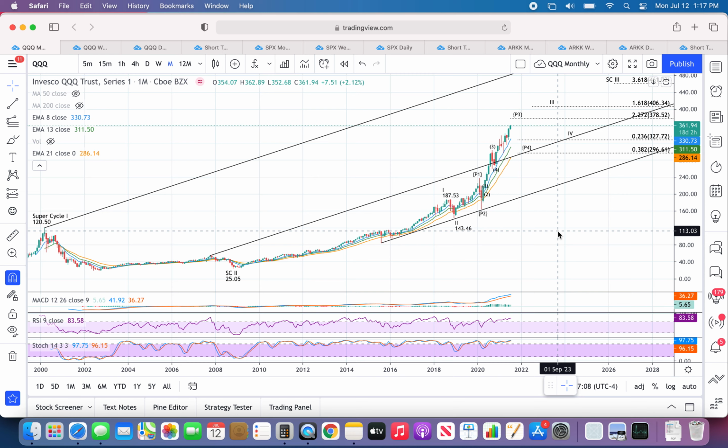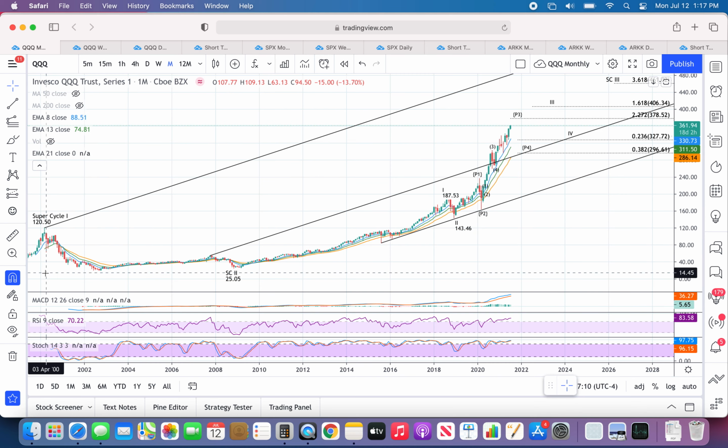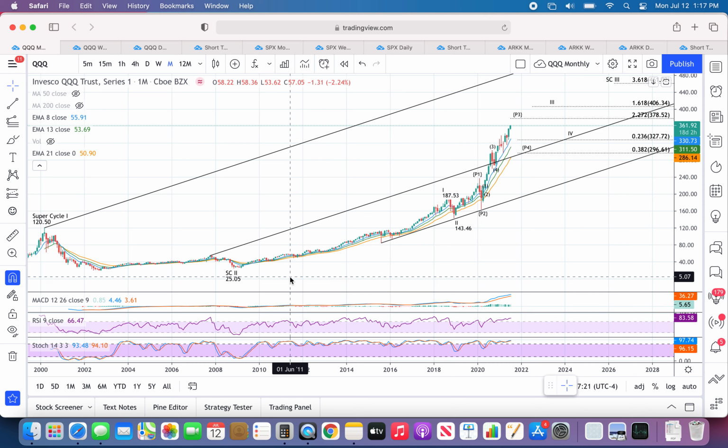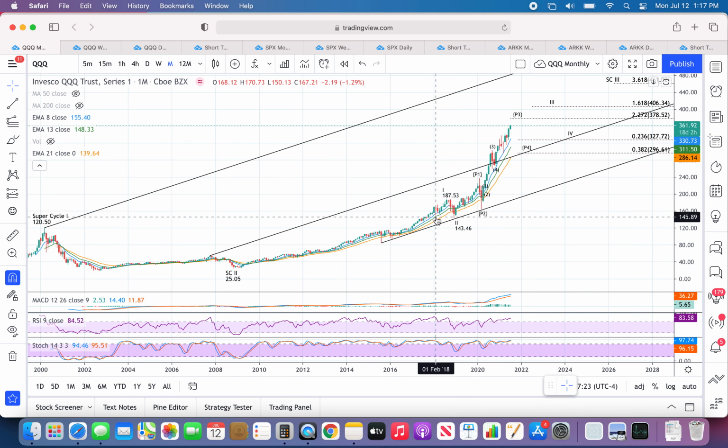So here in the QQQ, I have the top of the tech bubble in March of 2000 as a super cycle 1 high, and then almost a decade-long super cycle degree 2 correction, and then the movement from there, essentially a decade's worth of a cycle wave up, and then really kind of a quick cycle degree correction, and then into what's now a cycle 3 of super cycle 3.